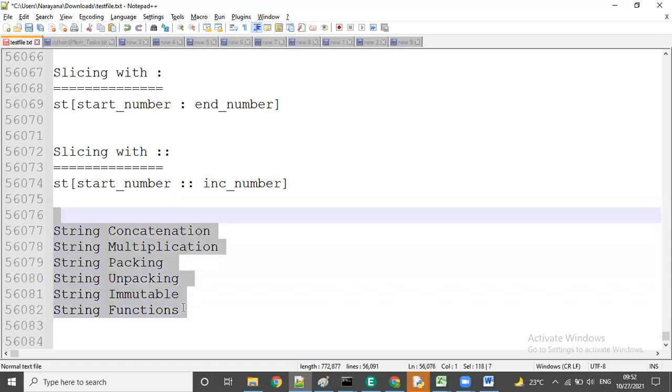It is all part of the string topic only.